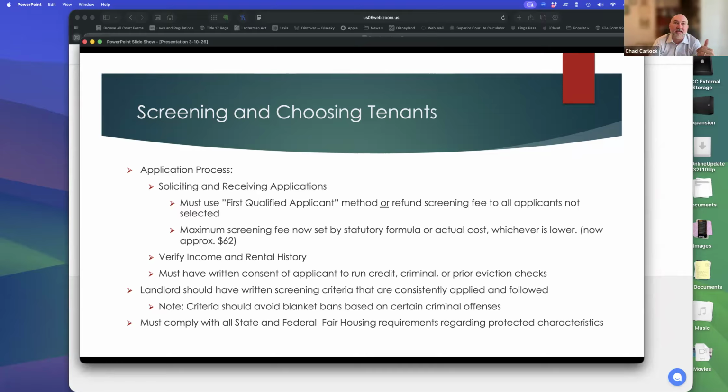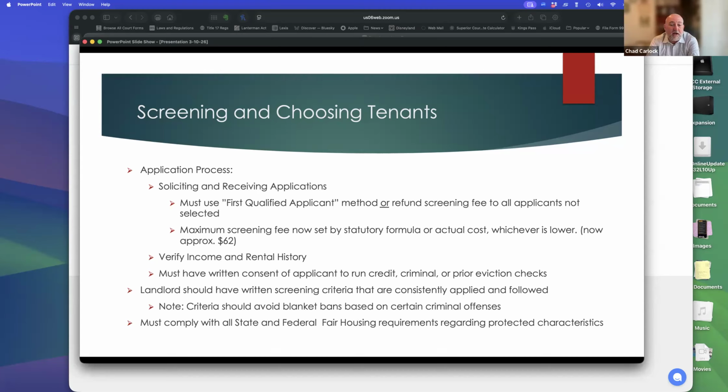But again, it shouldn't be a black and white rule. It depends on what the offense was, what the nature of it was, how old it was. All those sorts of things should be considered in the big picture when selecting tenants.